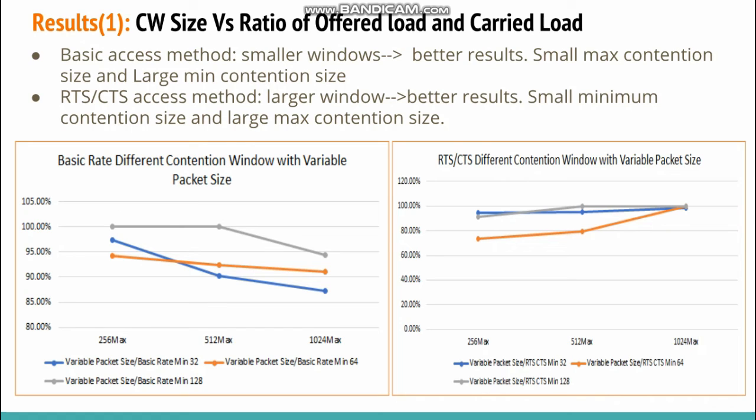The best ones we obtained were 128 to 512 and 128 to 256 contention window sizes. For the RTS and CTS case, it was a totally different scenario. When we have a larger window size, we got a better ratio of offered load versus carried load. This is quite logical because RTS and CTS avoids collision in a much better way.